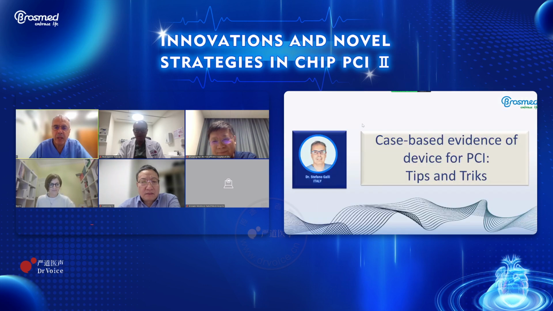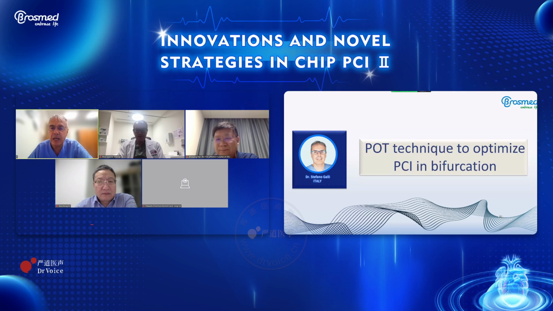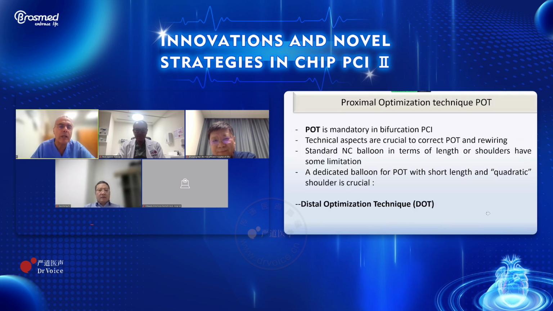Case-based evidence of device for PCI. First of all, POT technique to optimize PCI in bifurcation. You know very well the POT, proximal optimization technique, is mandatory in bifurcation PCI.